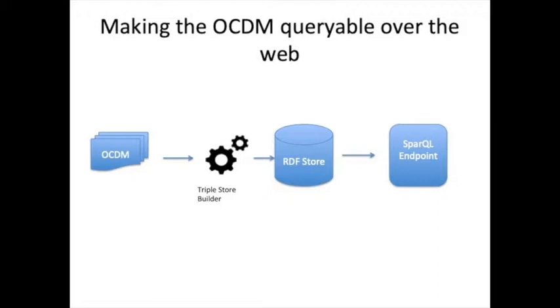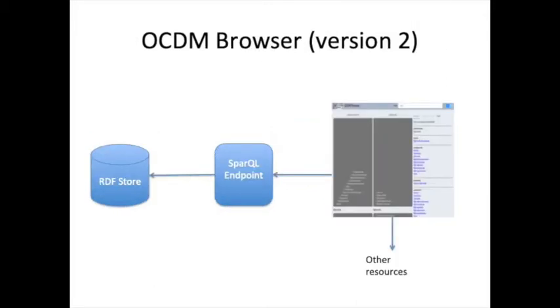That endpoint itself is a web service that can be accessed by many other applications, and there are many other ontologies that also have SPARQL endpoints, which allows these all to tie together. So here's the RDF store and the SPARQL endpoint, and one such application that can access this endpoint is our OCDM Browser version 2, which allows you to browse through the OCDM and also show other examples of information that can be related by it.